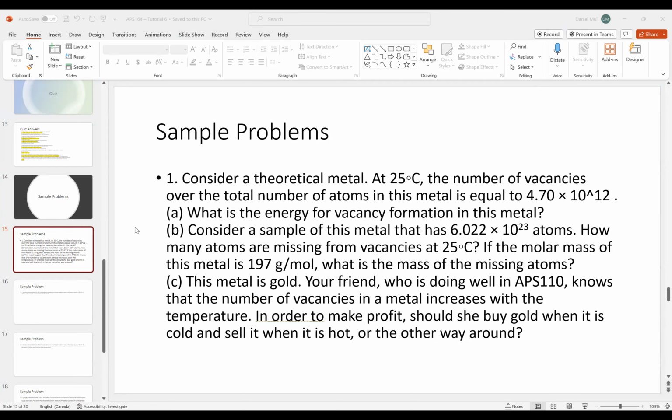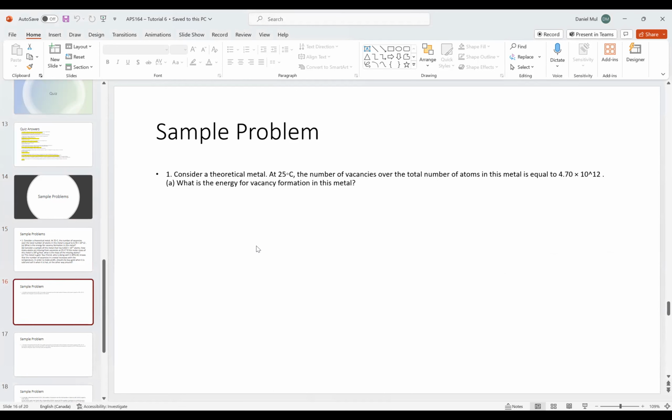Your friend who is doing well in APS 110 knows that the number of vacancies in a metal increases with the temperature. In order to make profit, should she buy gold when it is cold and sell it when it is hot, or the other way around? So let's start with A. Any suggestions on how we should start?